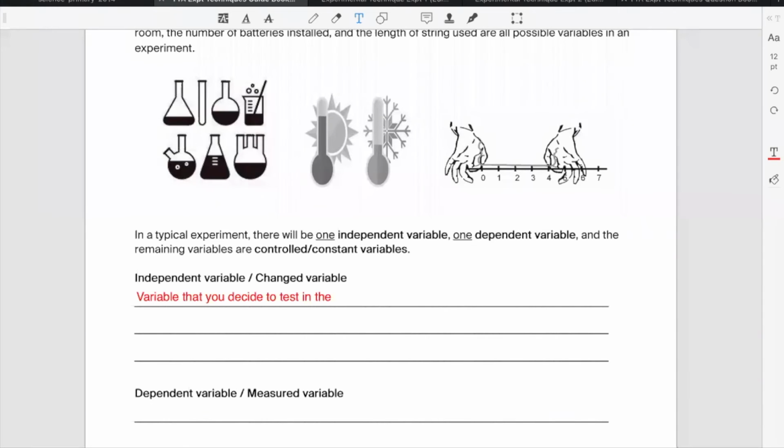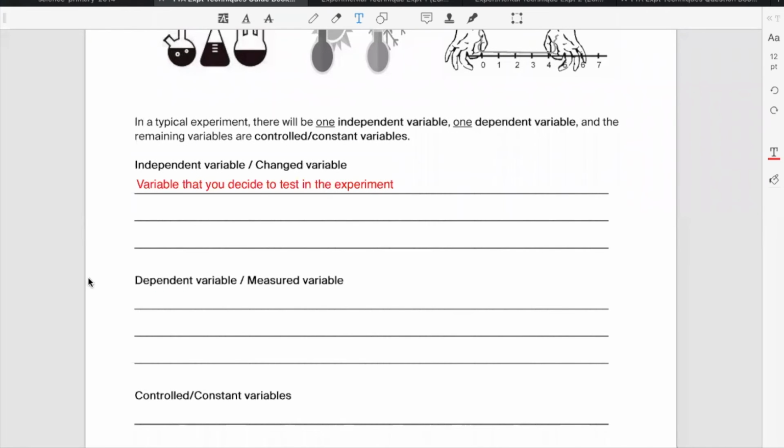It's the variable that you decide to test in the experiment. Let's write this down. It is basically the variable that you observe first and measure at the end of the experiment.